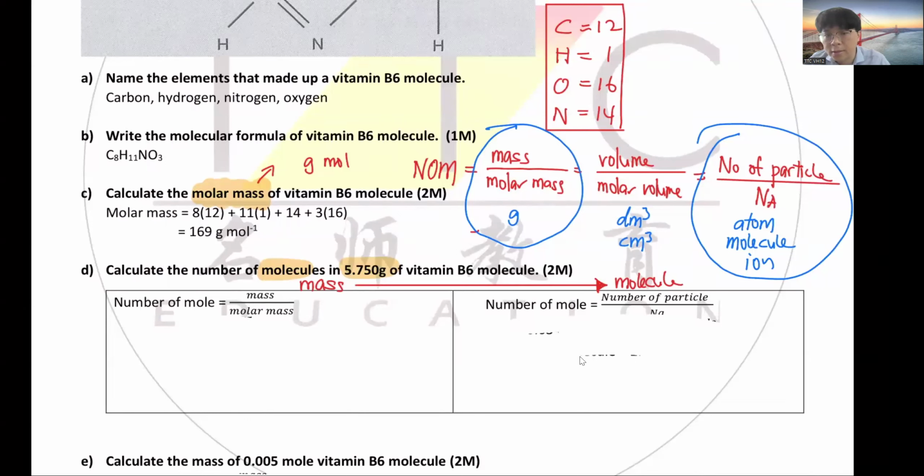C must be in front. CHO. You remember the glucose? Glucose, the theory, C6H12O6. You follow these rules. Follow the glucose formula. Yeah, so now you take the 5.75 then 169.